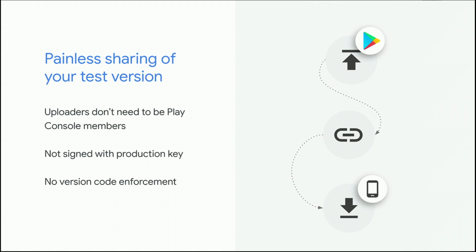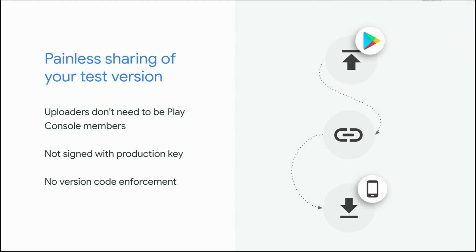Test versions are re-signed by Play with a test certificate, so uploaders don't need access to the production or upload key of your app. Play doesn't require unique version codes, so multiple uploaders can use this feature independently, and they don't have to pick unique version codes when they upload.